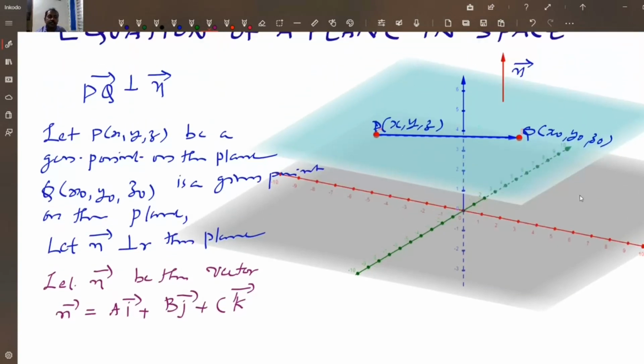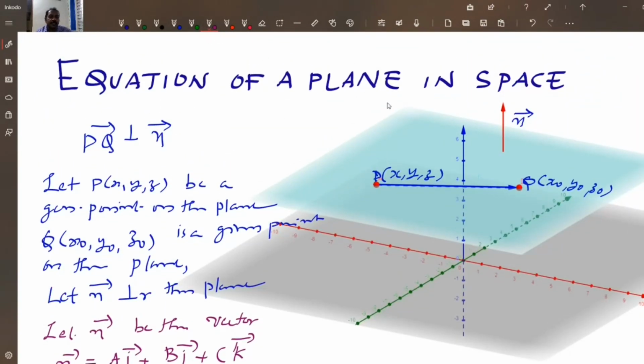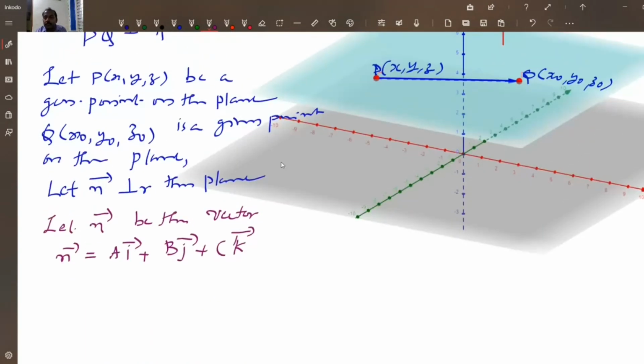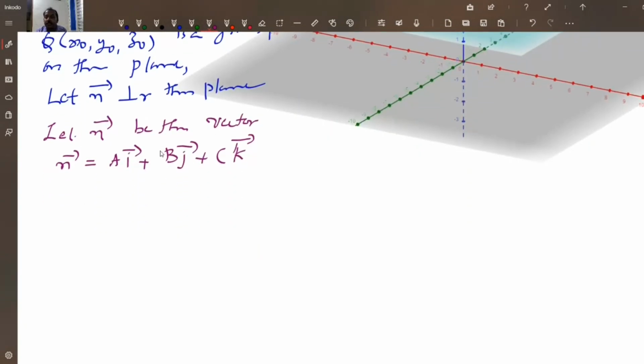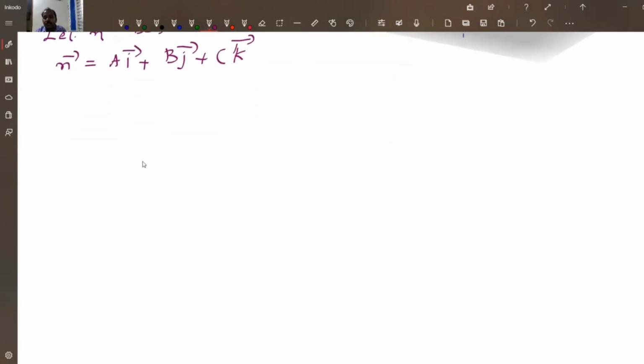So this vector is equal to ai plus bj plus ck. And you have PQ is perpendicular to n, therefore n dot PQ is equal to 0.